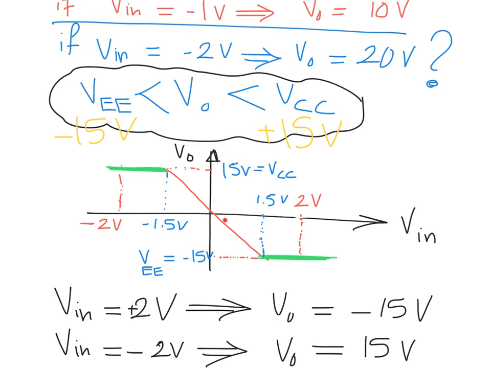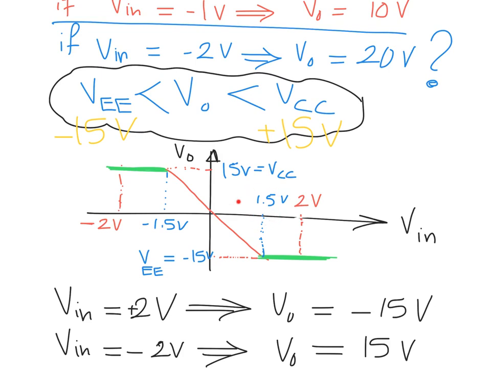This angle is more than 90 degrees, as the slope is minus. So if we have a voltage of 1.5 volt at Vn, the output voltage will be minus 10 multiplied by this value, which will be minus 15 volt.